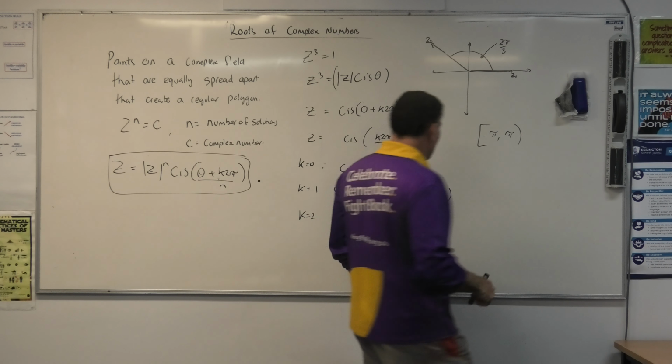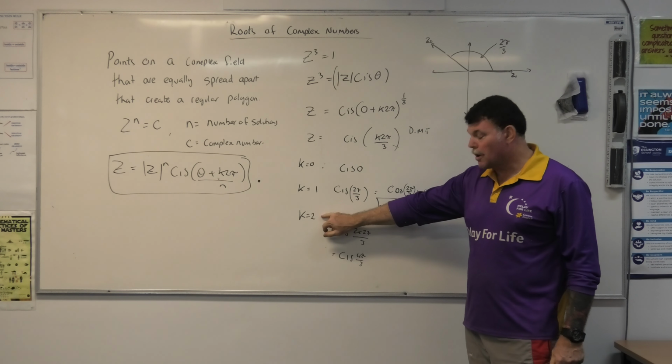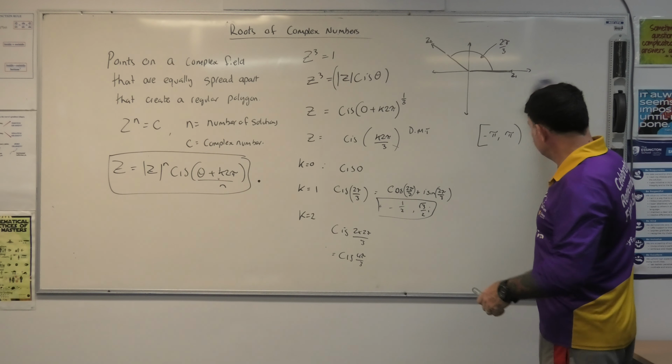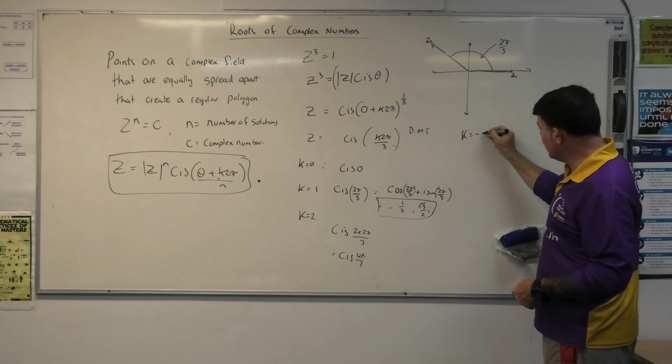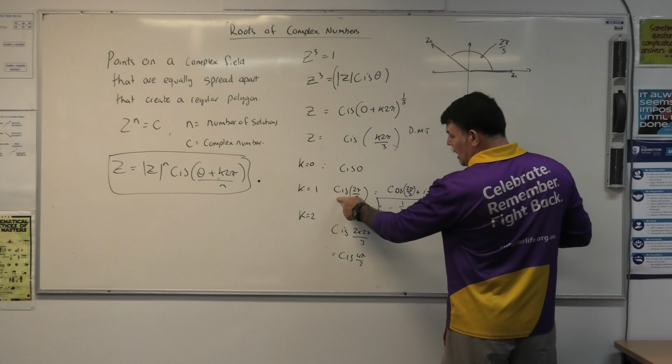So what we need to do now is, instead of having k equals 2, go backwards and use k equal to negative 1. It's exactly the same kind of value as what I had up here.